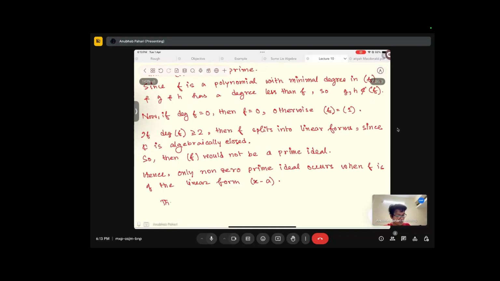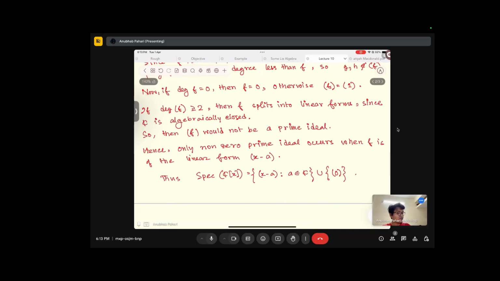Thus, Spec of C[x] should be (x minus a), a coming from C, union 0, right?